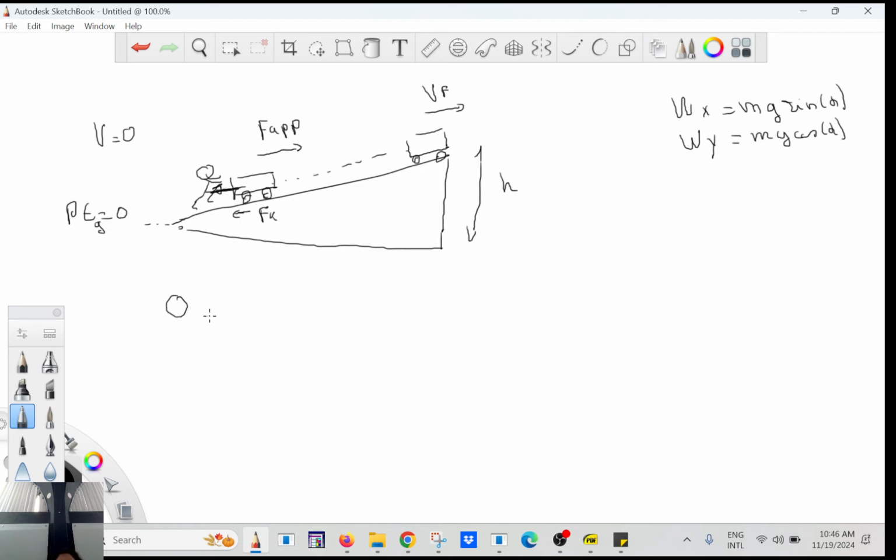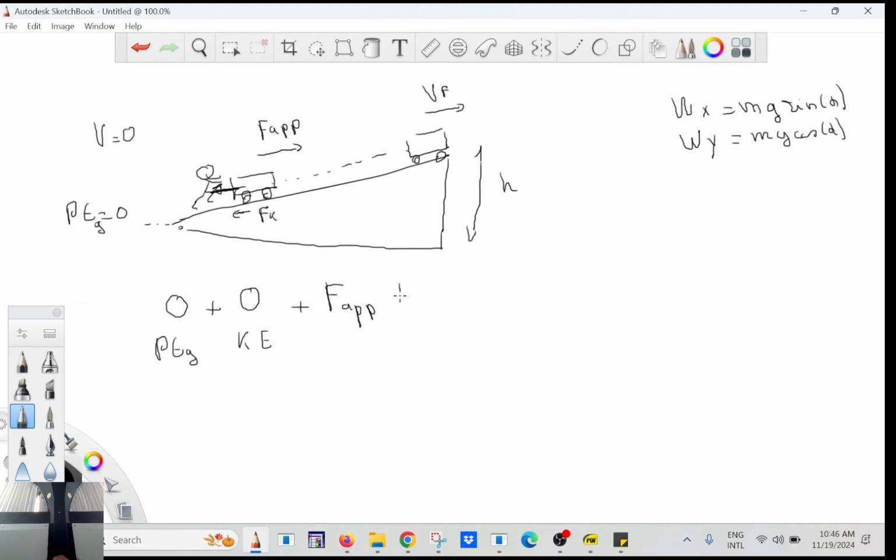So that will be 0, plus maybe there is no kinetic energy, so that will be 0. So that will be gravitational potential energy plus kinetic energy to begin with. There is none, because there was no velocity here, plus the work done by you on the cart, times the distance.